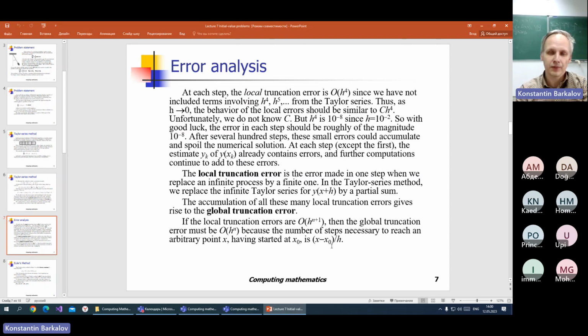At each step, except the first, the estimate yk of y of xk already contains errors, and further computations continue to add these errors.